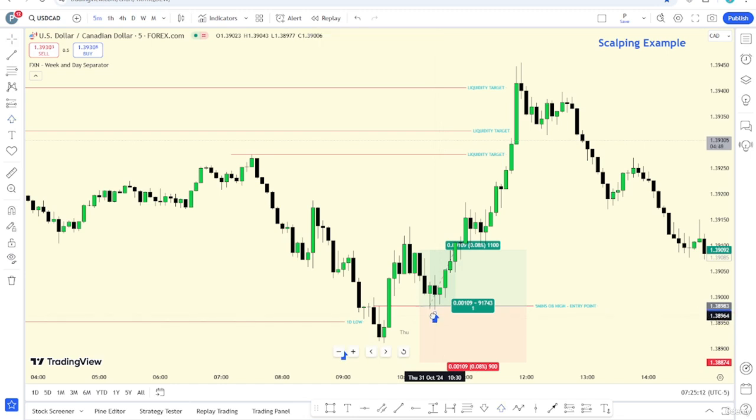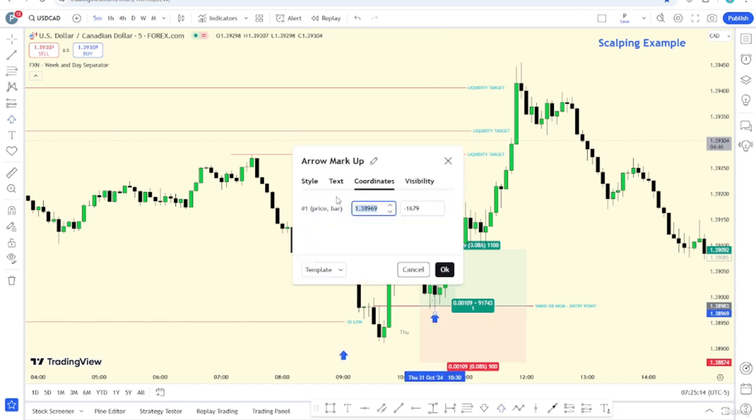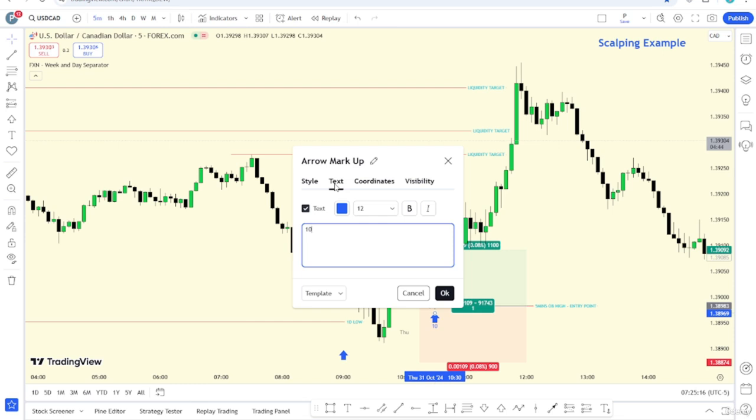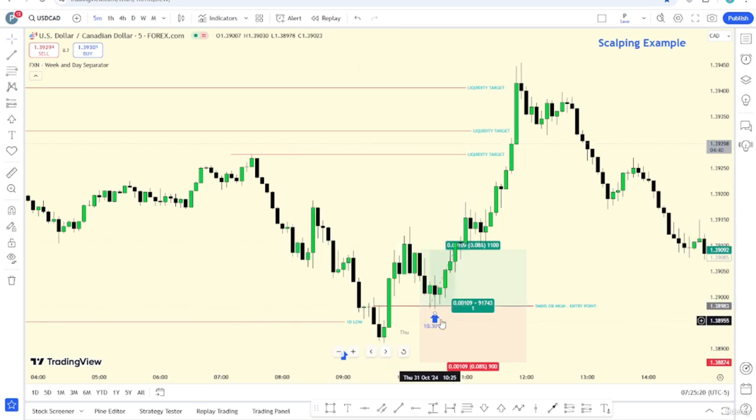Make sure that you're trading inside those sessions. The first time we hit is at 10:25, so that could have been your entry right there. At 10:30, it also hit the order block.